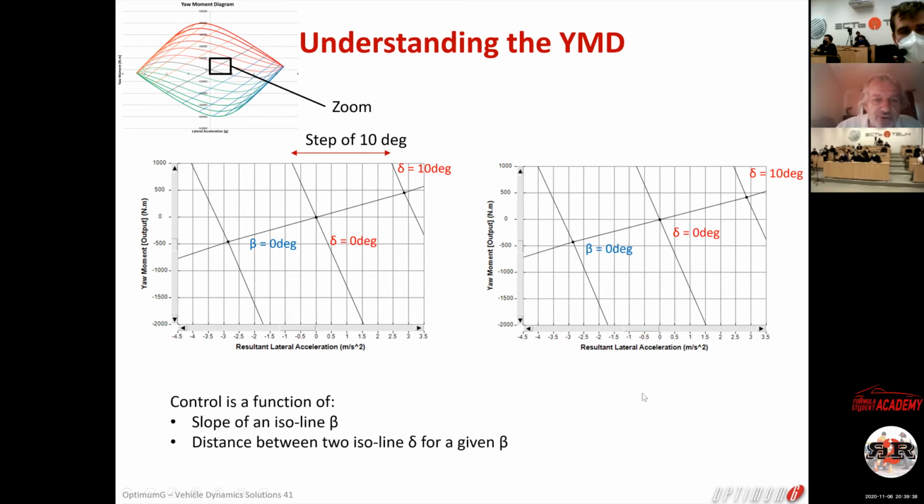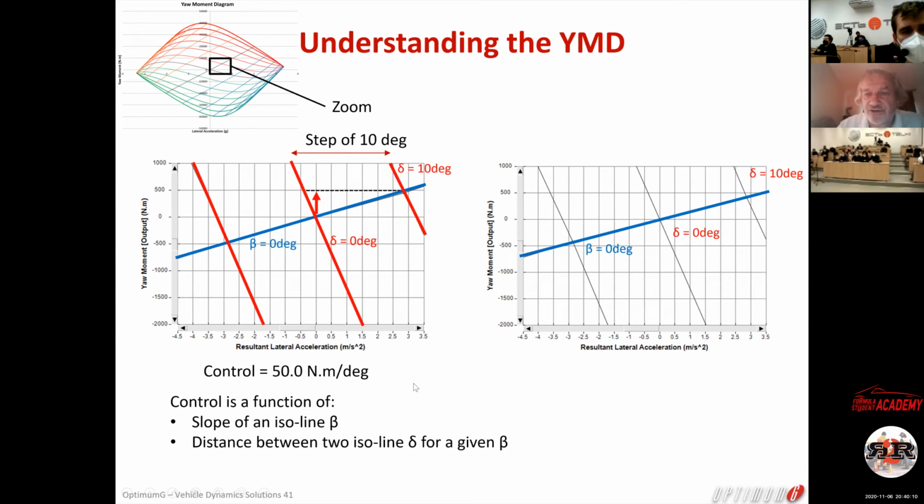I'm going to circulate on the beta 0, and I'm going to go from delta 0 to delta 10 here, okay, from 0 to 10. And you see that because of that, I create a yaw moment of 500 Newton meter. So my control in that case is 500 divided by 10 equals 50 Newton meter per degree.